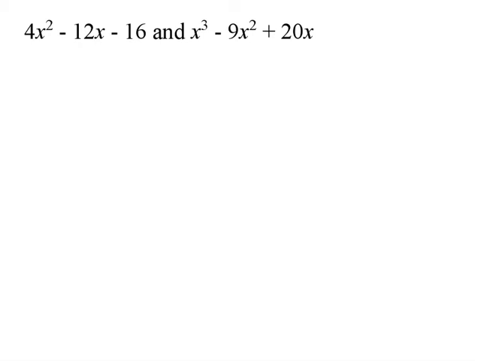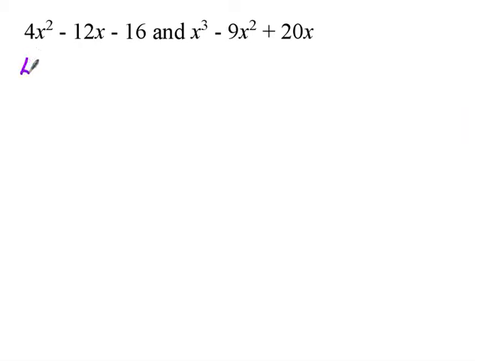All right, let's look at this one, because this is along the same lines. 4x squared minus 12x minus 16, and x cubed minus 9x squared plus 20x. So what am I going to start by doing? Divide by 4 on that first one. When I divide by 4, I'm going to factor that 4 out.